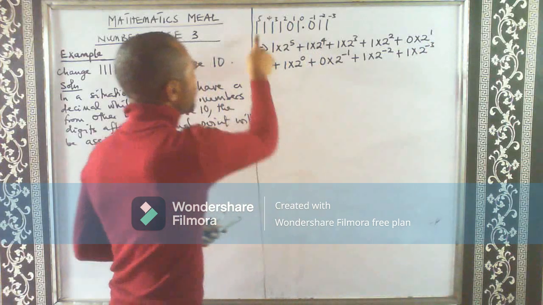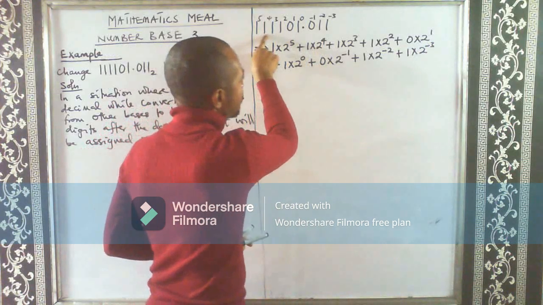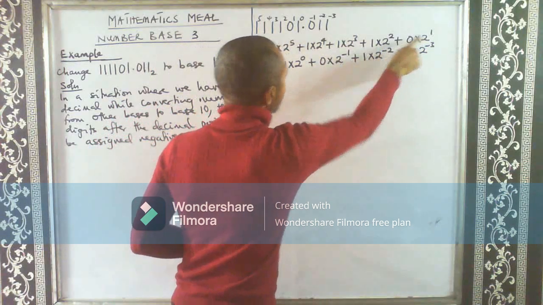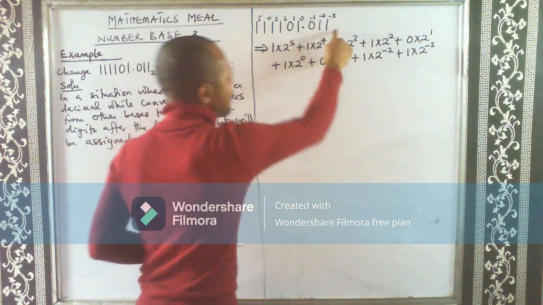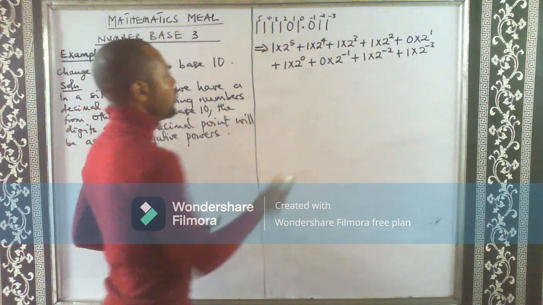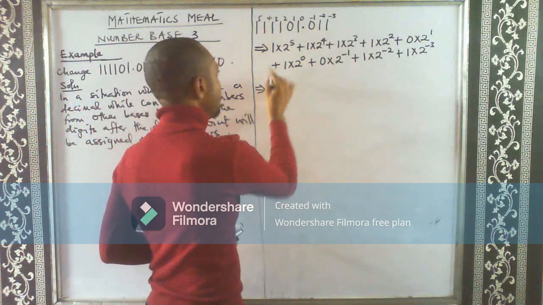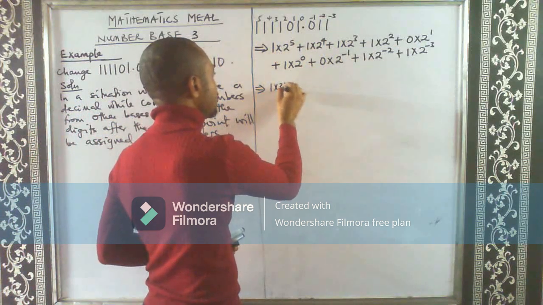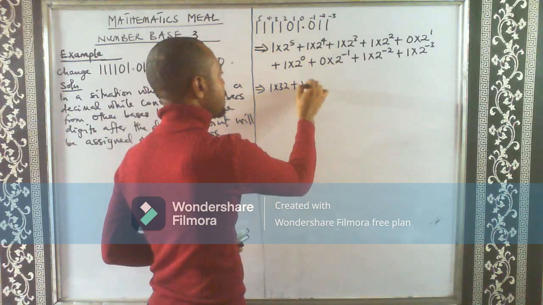So we have 2 raised to the power 5, 4, 3, 2, 1, 0, then the negative powers follow. So we move down. This implies 1 times 32 plus 1 times 16.